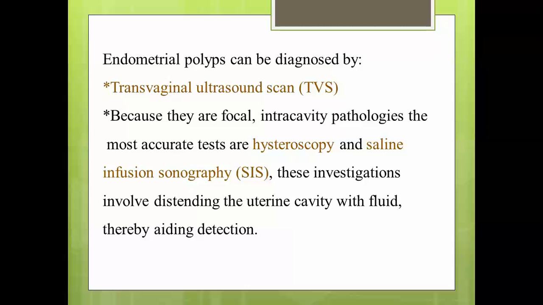We do polypectomy and remove the polyp. The second is saline infusion sonography. These two investigations involve distending the uterine cavity with fluid, thereby aiding the detection of polyp.